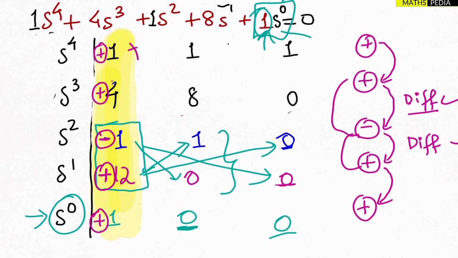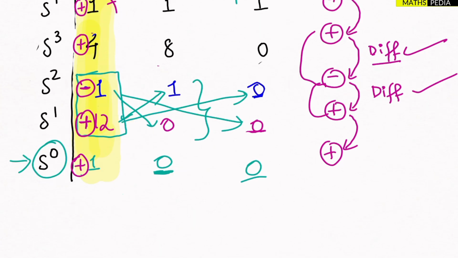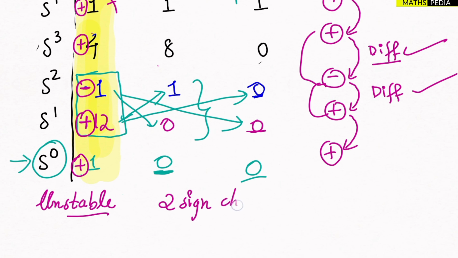And how many roots are there on the right half of the S-plane? That also we have to find, right? So it depends on what? The number of sign changes. So let me just write: the system is unstable. And how many sign changes? Two sign changes.